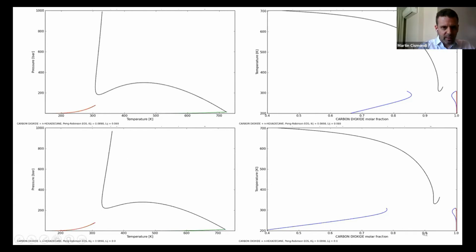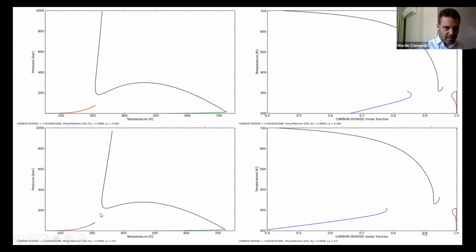Below, we have the corresponding predictions keeping the same Kij, but without the Lij. So we have a null Lij, which I consider, for different reasons, more appropriate. You can see that the critical line didn't change that much.